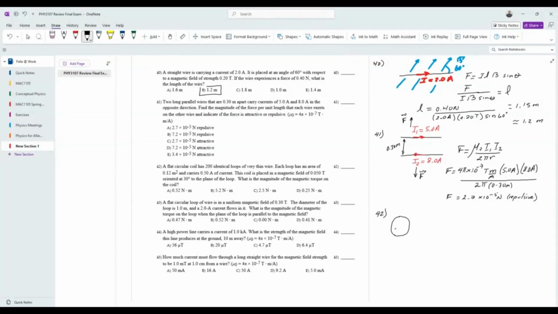Which is 0.12 meters squared. And we do know that there are 200 turns, right? Now, we know that there is a magnetic field, but now let's see one side view of this.